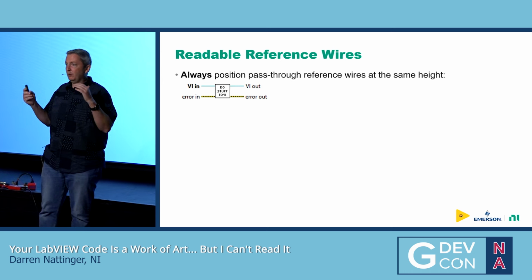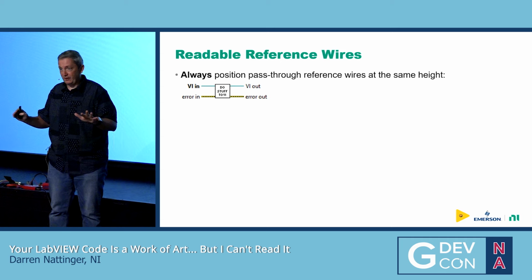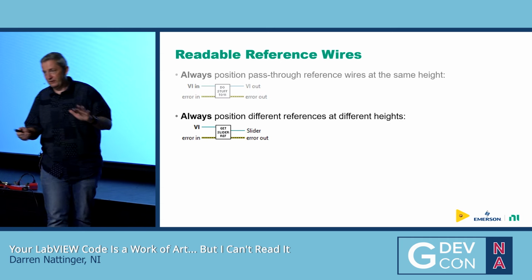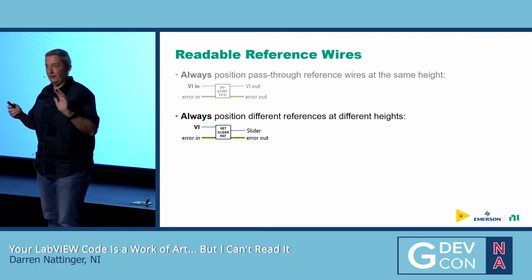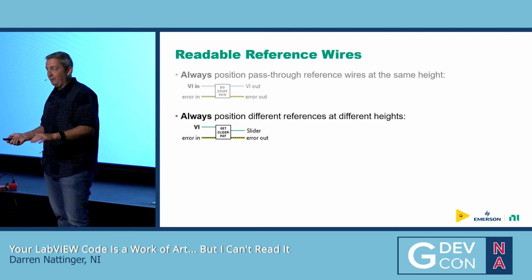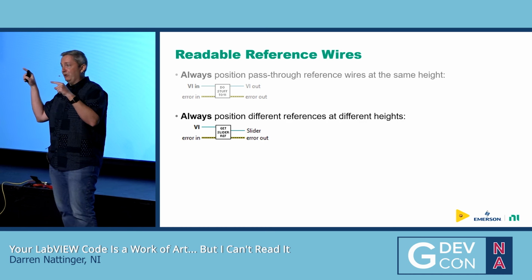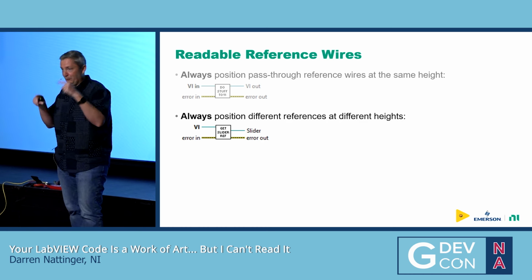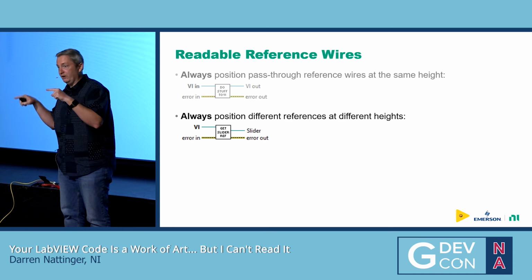If it's the same reference, same spot on the connector pane, 100% of the time. If it is a different object or a different reference, different spot on the connector pane, 100% of the time. I do not want to see VI in and my favorite control out at the same spot. I want to see VI in and either no VI out, or VI out and then the control on another spot.